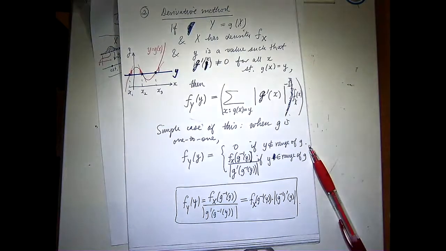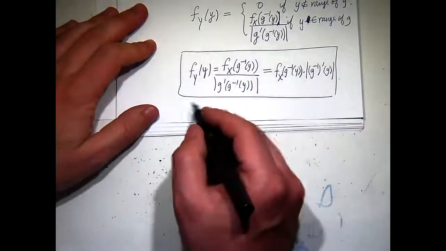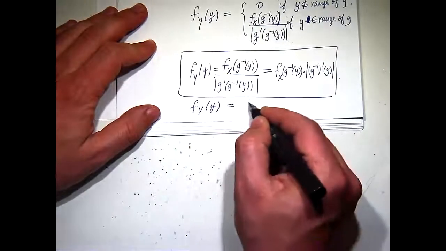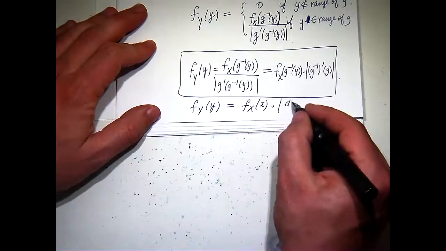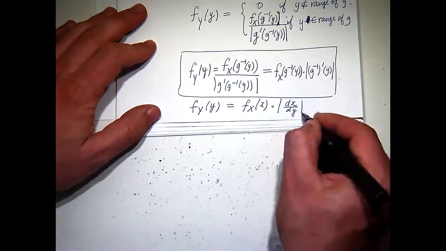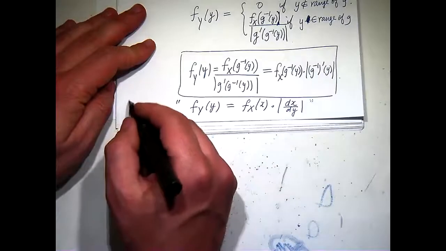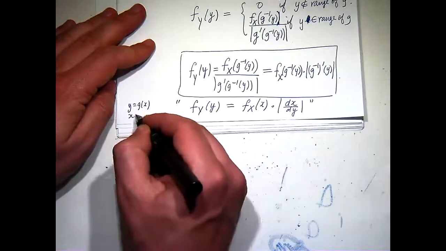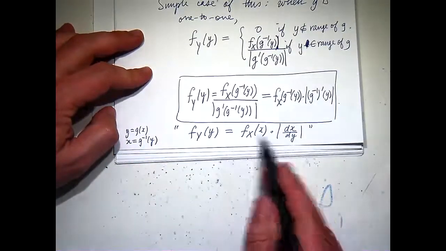All of those seem like very complicated ways to say it. I wrote those because they are fully precise and include all the terms. I think a better way to remember this would be f_Y of y equals f_X of x times the absolute value of dx/dy. That's in the Leibniz notation, where y equals g of x and x equals g inverse of y. So that's probably an easier way to remember this.